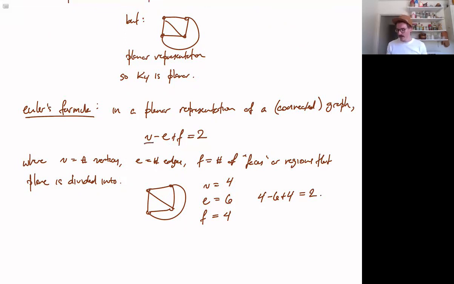So the vertices are the 0-dimensional pieces, the edges are the 1-dimensional pieces, and the faces are the 2-dimensional pieces. And this formula is giving you some relationship between the properties of your object in each different dimension. And this is a very powerful idea in geometry.